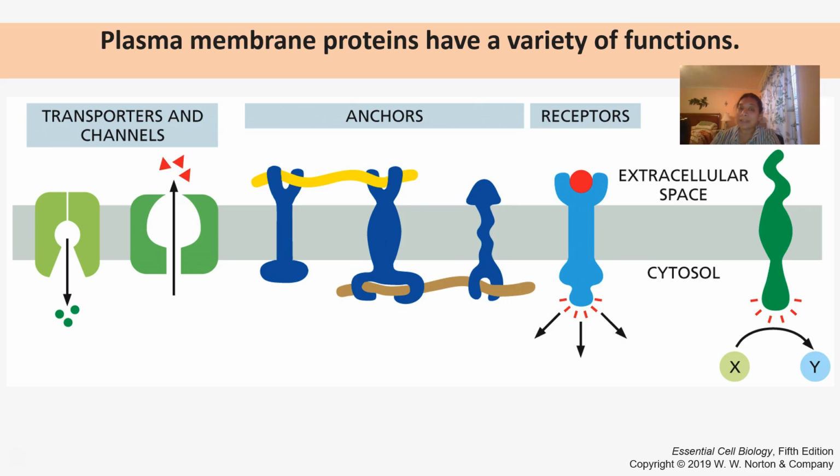They are also acting as anchors that help keep the membrane anchored to the internal structure of the cell, or that keep the cell anchored to the outside extracellular matrix or another cell through interactions with them. Then the third category of proteins are receptors that bind to signaling molecules or small molecules and elicit a response inside the cell in response to whatever signal is bound to it in the extracellular space.